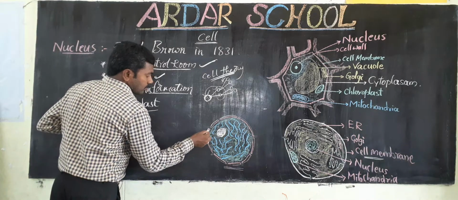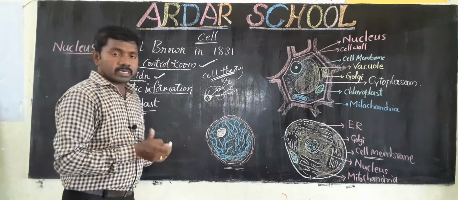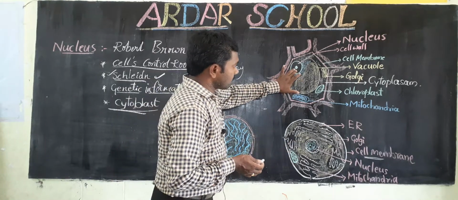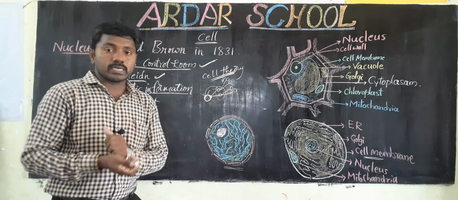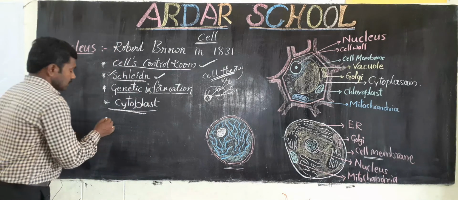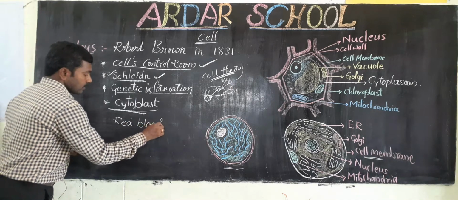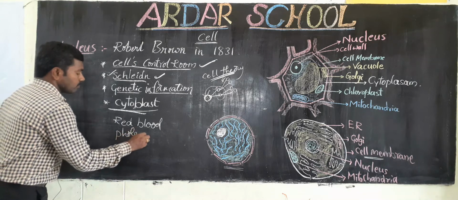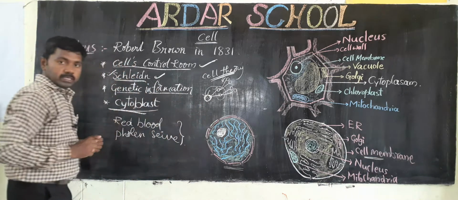All cells have a nucleus. If you observe, plant cells have a nucleus and animal cells have a nucleus. But there are some exceptions. In some cells, for example in mammals, red blood cells, and in plants, phloem sieve cells, the nucleus is absent.